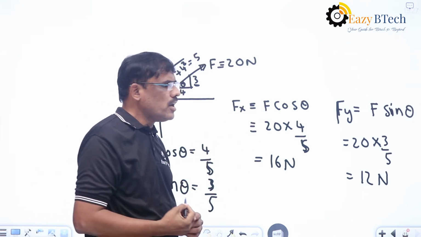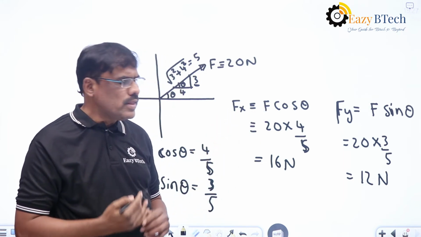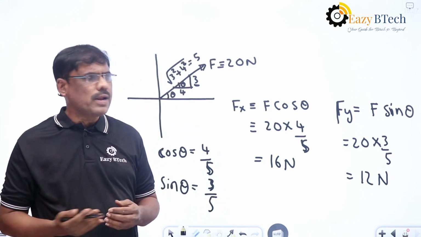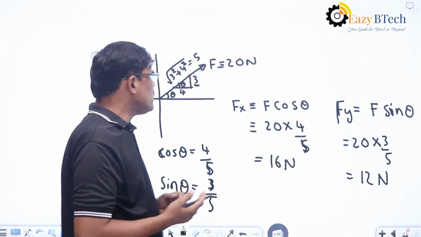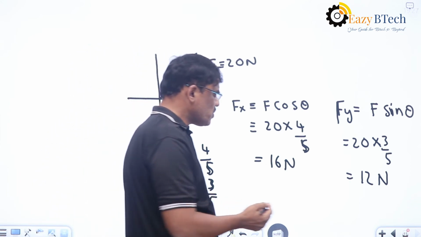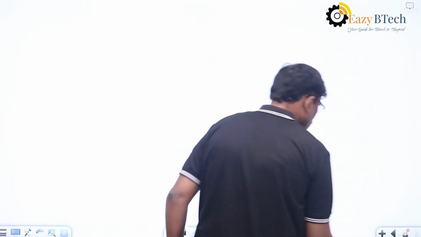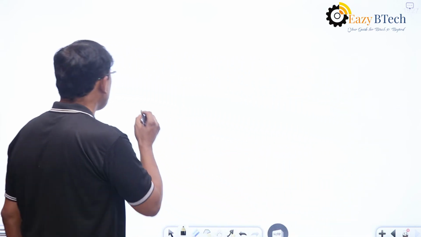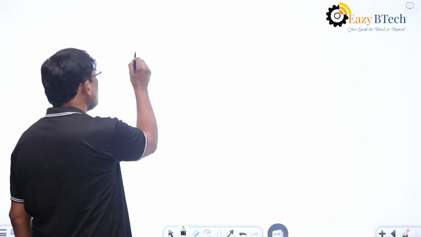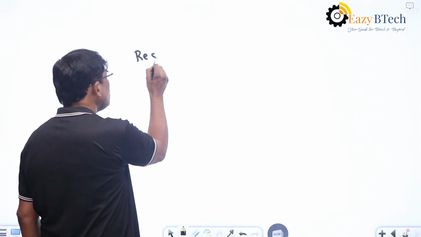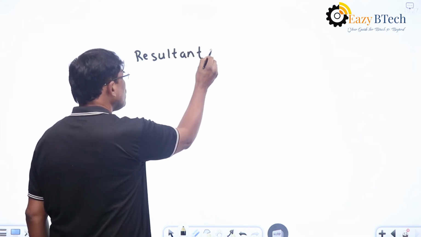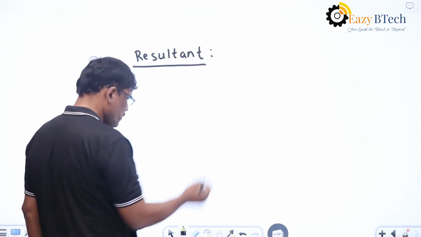With this particular knowledge, we solve a problem of resultant in a coplanar concurrent force system. When more forces are acting, what is to be done is how to find the resultant of a coplanar concurrent force system.